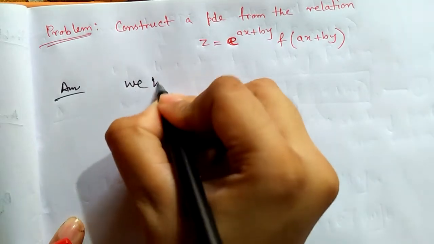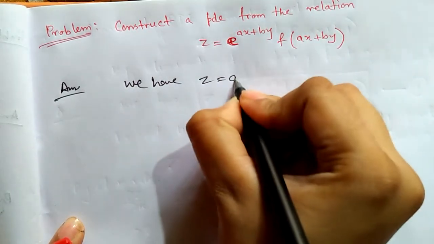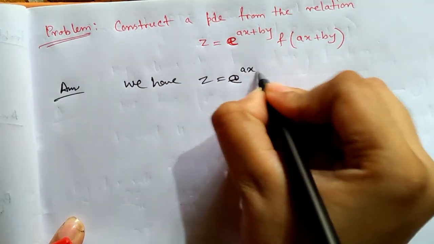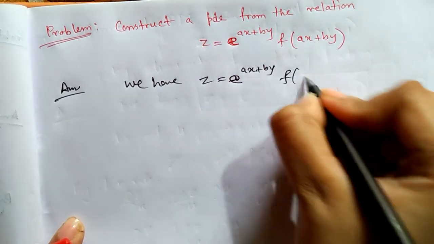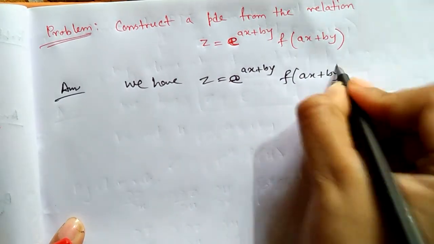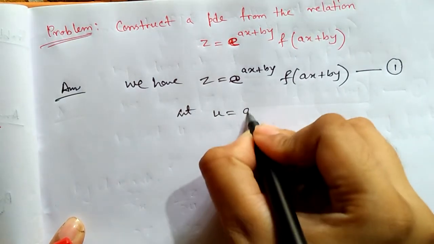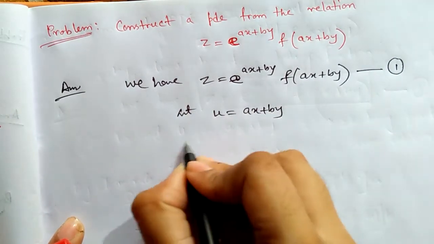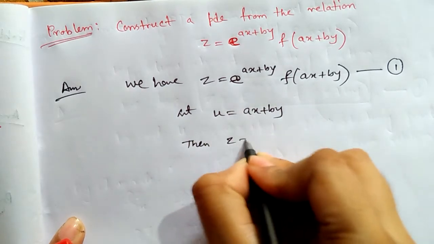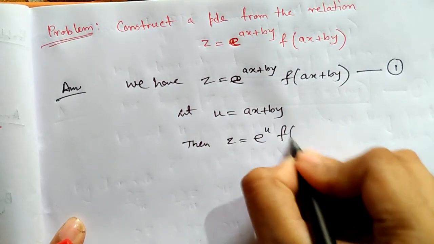Numbering it as 1, let u equal to ax plus by. Then we get z equal to e to the power u f of u.